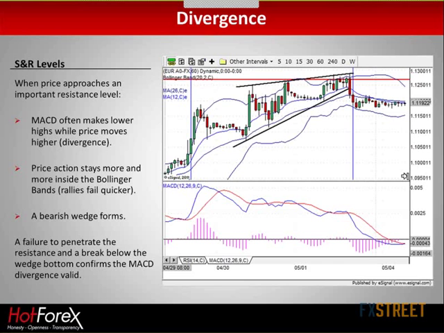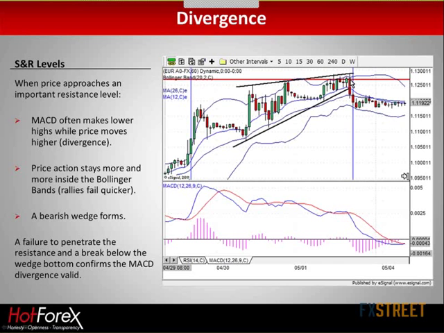But if the small guys know what I've told you now, and they know that there are resistance levels we need to pay attention to, and we can get more information by paying attention to divergences, moves outside the Bollinger Bands, and price formations, then the small guys can trade accordingly.